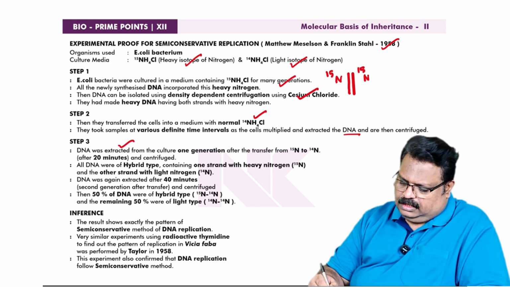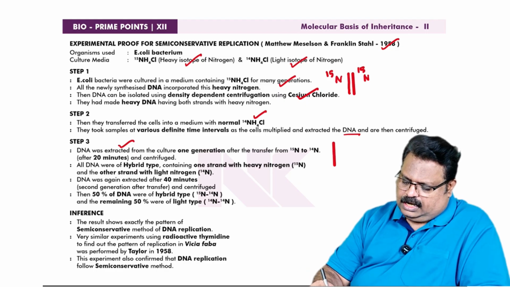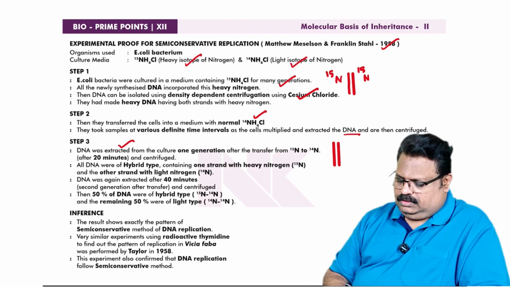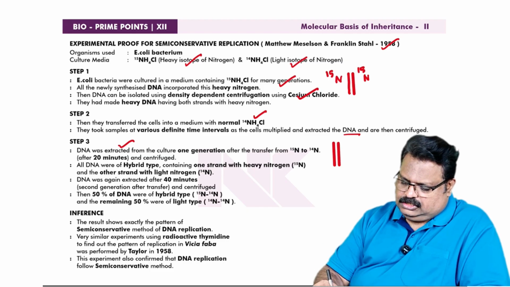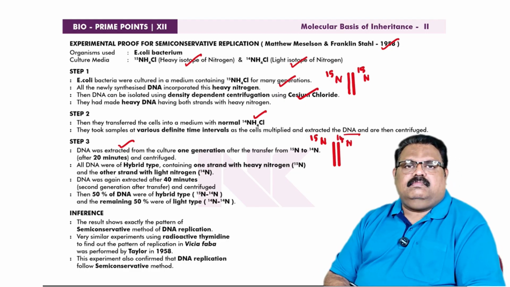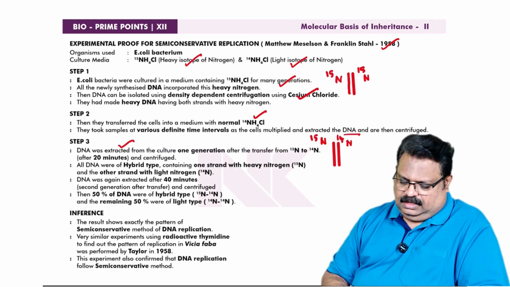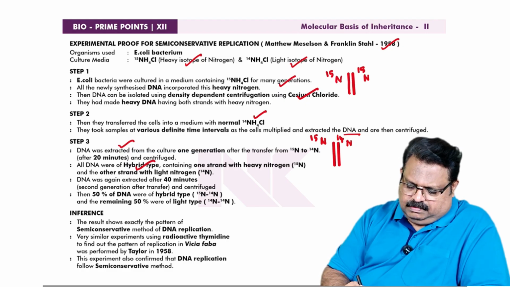They find that all the DNA molecules contain one strand heavy and one strand light. That means N15, N14. That is called hybrid DNA. All the DNA is the hybrid type.